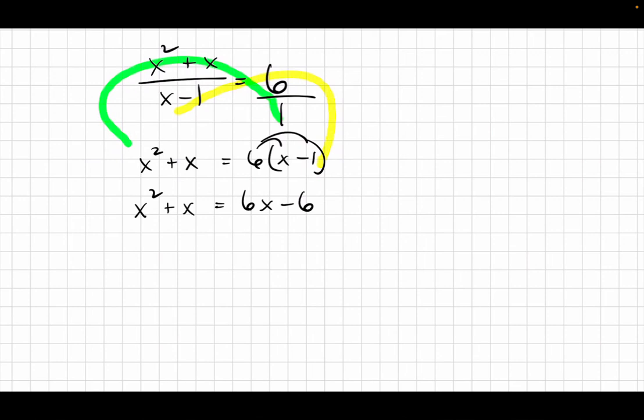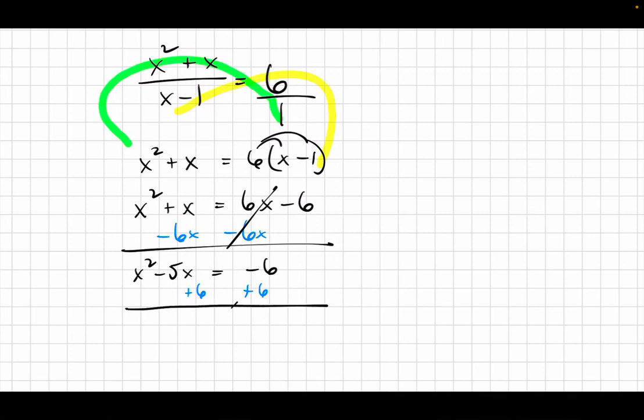Set it equal to 0 because it's a quadratic: x squared minus 5x plus 6 equals 0.